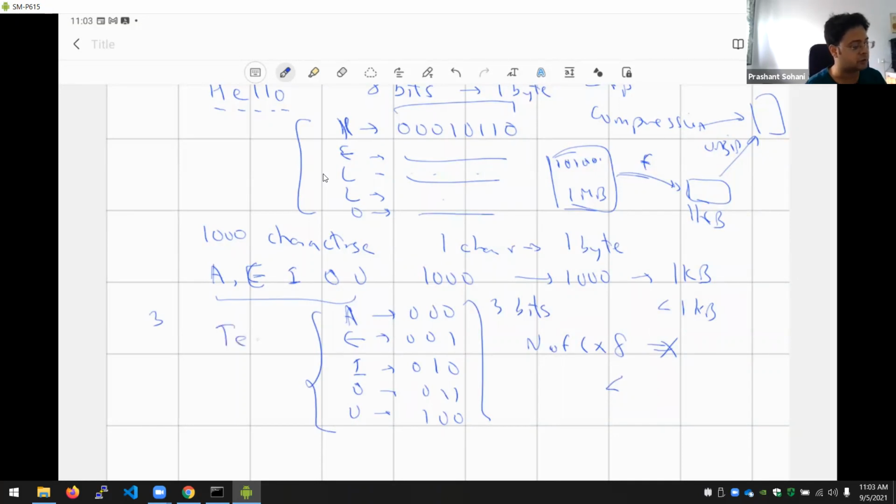This was just text, but images, music, video, everything has the same principle. If you have an image of 1000 by 1000 pixels, not every pixel is important. For example, you are looking at my slide right now, and most of the area is completely white. So why should I send white 1000 times?